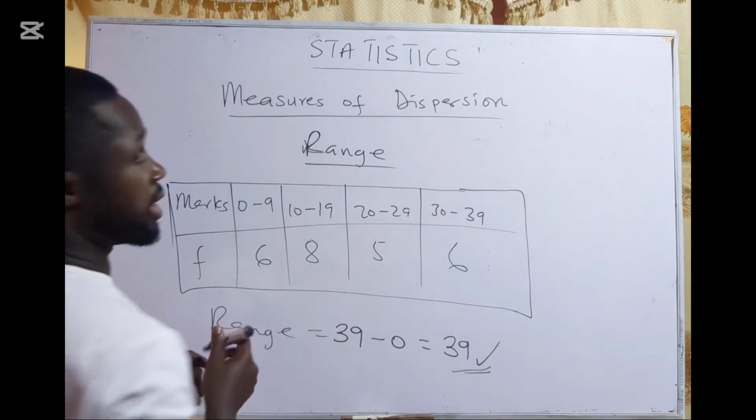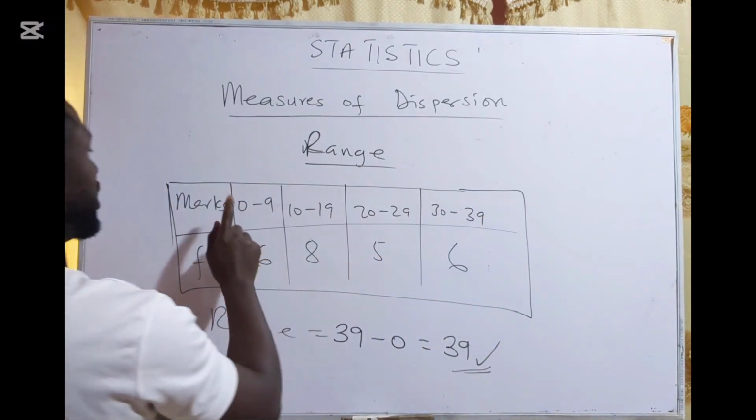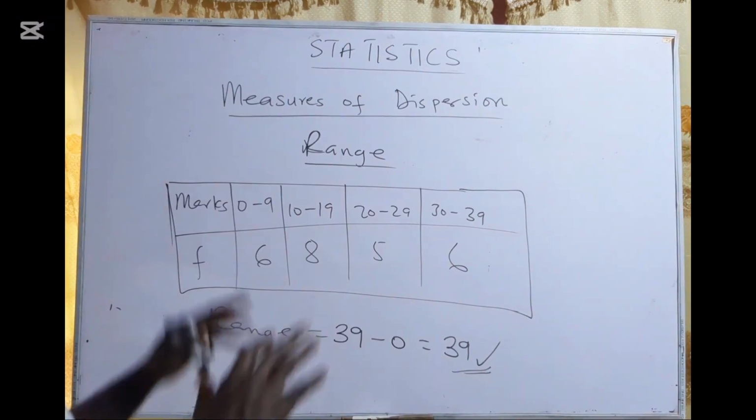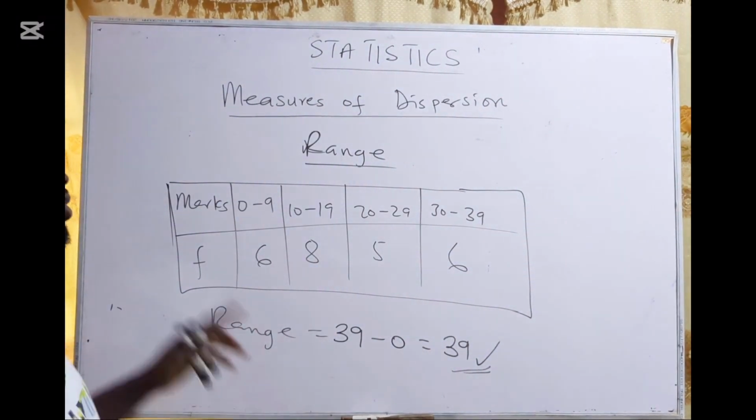So if it is a grouped frequency distribution, look at the highest value, 39, and then subtract the least value, which is 0, and we get our range. When you are given raw data, you check the highest value minus the least value.